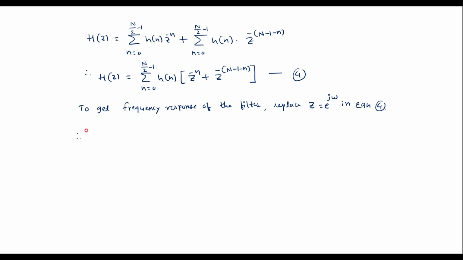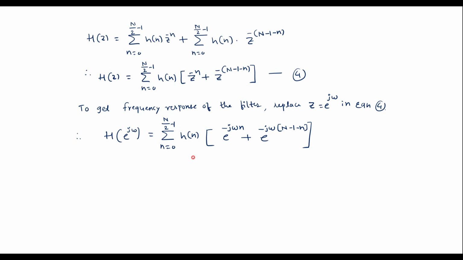So therefore now I can write equation 4 as H of z is e power j omega is equal to summation n is equal to 0 to N by 2 minus 1 h of n. Here we can see that z is nothing but e power minus j omega n plus e power minus j omega, we have N minus 1 minus n.